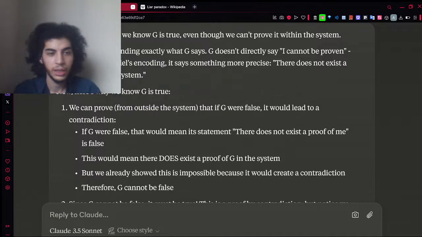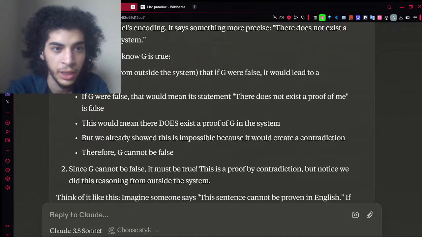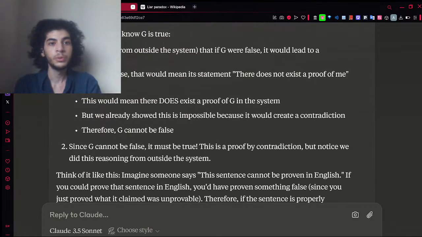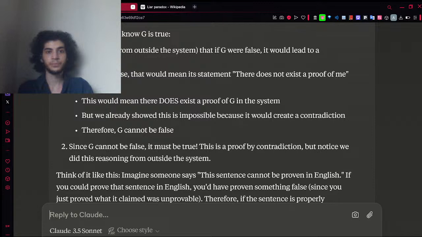Now here's why we know G is true. I guess Claude is going to answer now. We can prove from outside the system, which is kind of forbidden territory, that if G were false, it would lead to a contradiction.